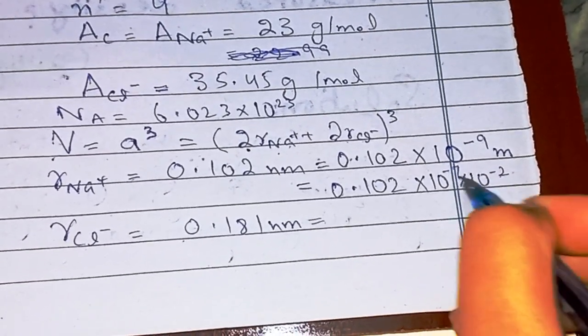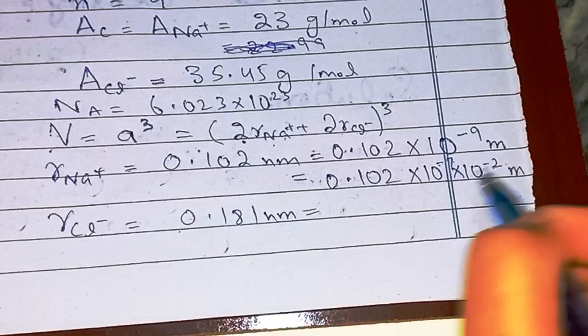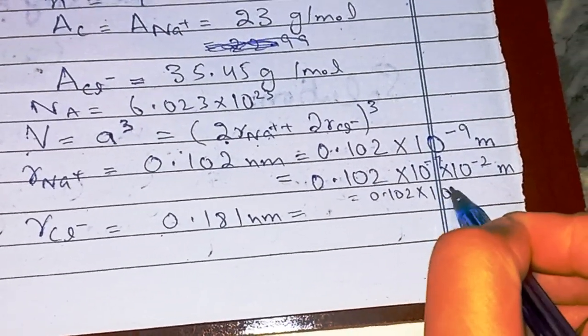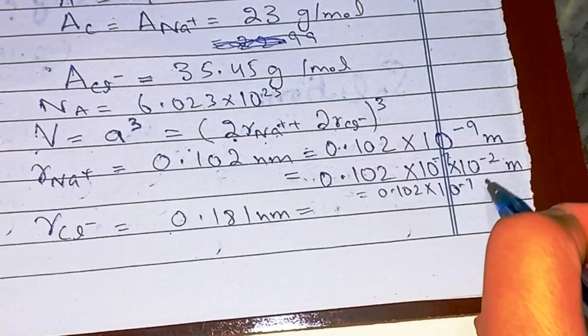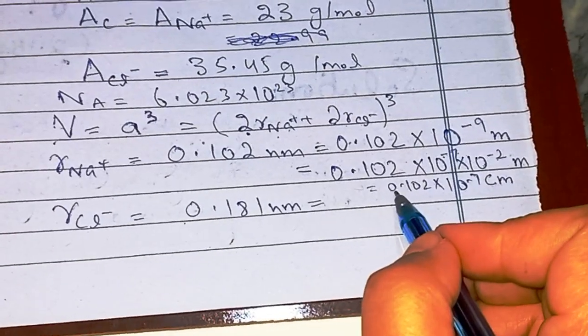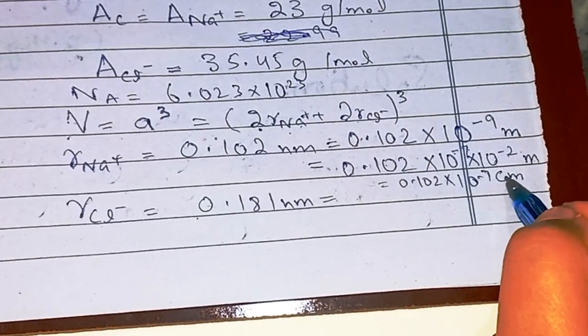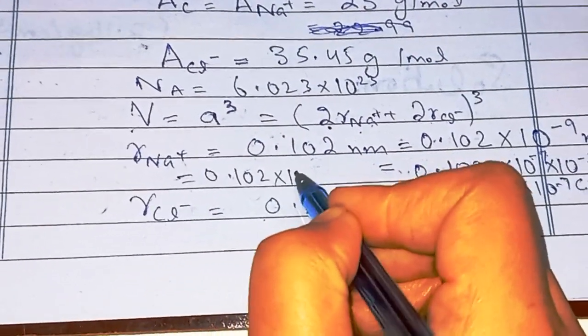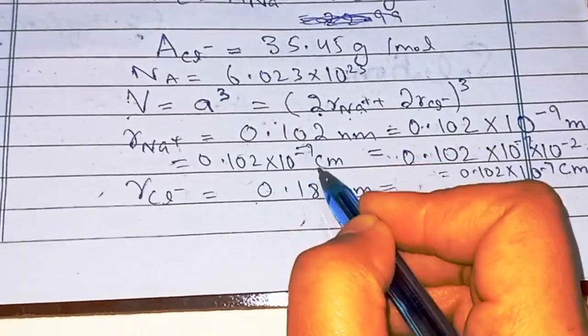So we can write it as 0.102 multiplied by 10 to the power minus 7 centimeter. That is the value that I'll be putting.